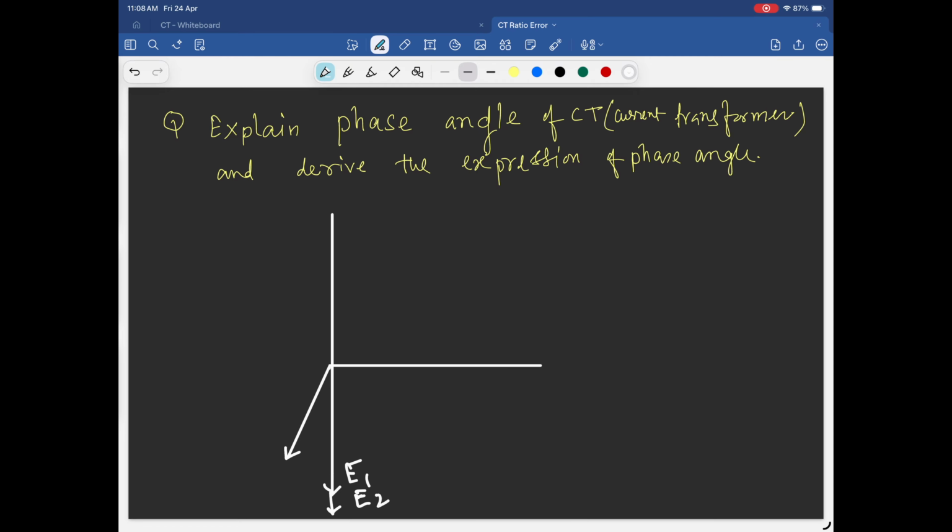For explaining the phase angle, first I will draw the small section of the phasor diagram of CT, where the horizontal line represents the flux phi.